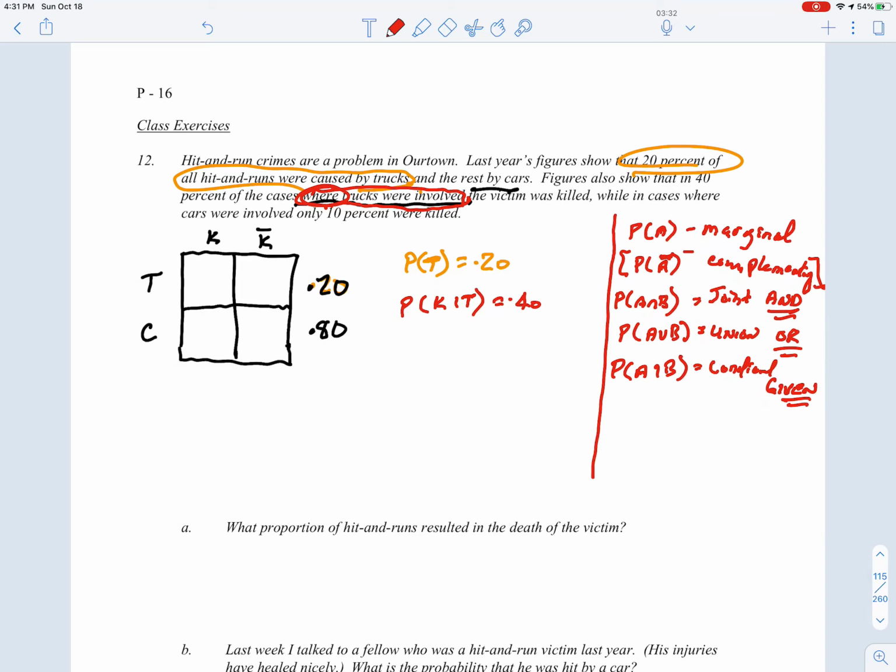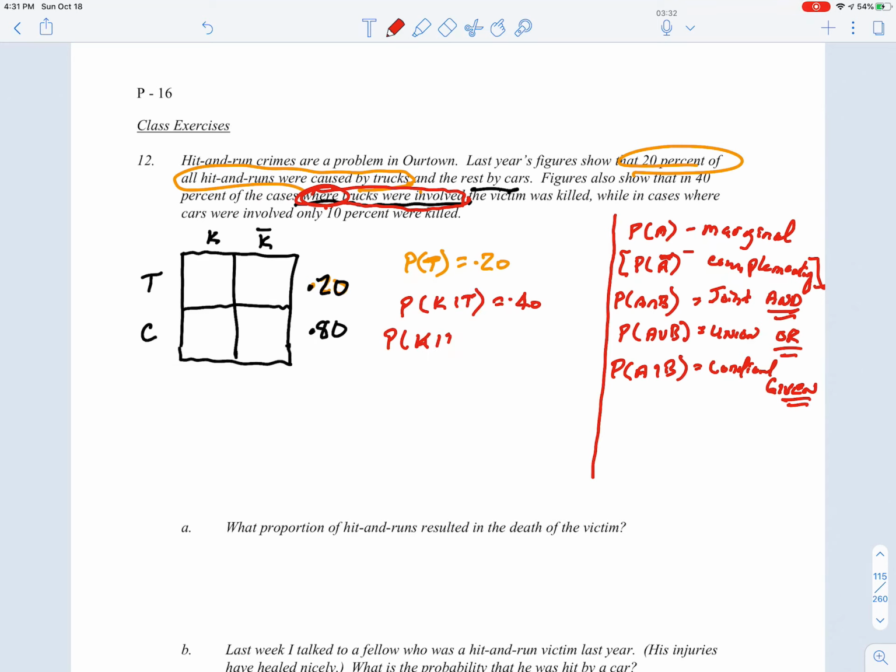Now remember that a conditional probability never goes straight into a table. The only things that go into the tables are the marginals around the outside and the joint probabilities on the inside. So we have to break this down here and use the formula.